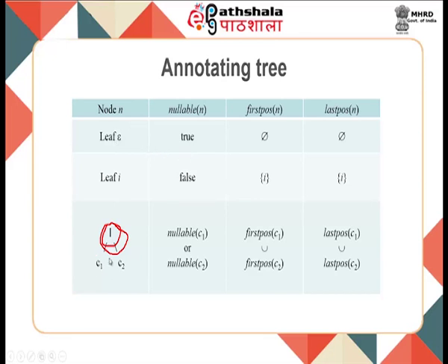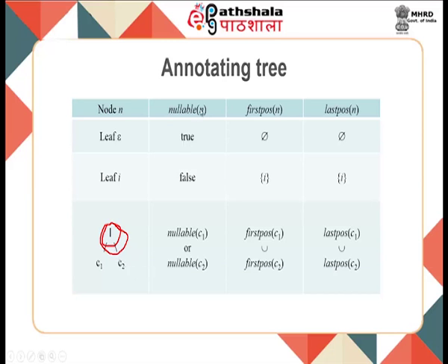So, if this is going to be epsilon, then I would call this node nullable, because this node is capable of generating an empty string using the left subtree which is rooted at C1. Or on the other hand, if C2 is epsilon, then I can say that this interior node has a capability of generating an empty string using the subtree rooted at C2.